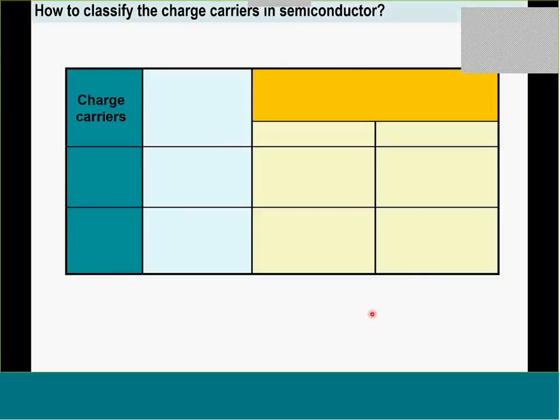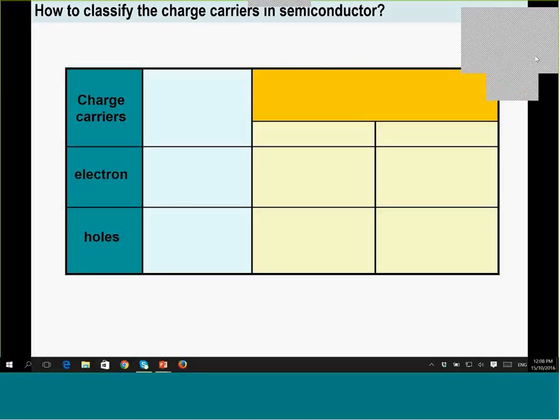Okay, so you know that the charge carriers are electrons and also holes, and from our previous conference, our charge carriers being electrons and also holes.